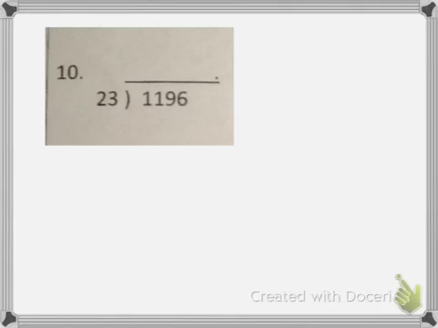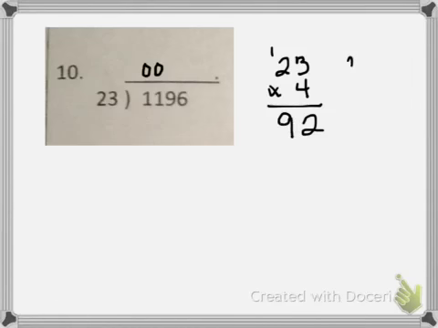And the last question, 23 into 1,196. 23 is pretty close to 25, and I know it can't go into 1, it can't go into 11, but it can go into 119 maybe 4 times. Let's try it on the side. 4 times 3 is 12, carry the 1. 4 times 2 is 8, plus 1 is 9. I'm going to try one more, 23 times 5. 5 times 3 is 15, carry the 1. 5 times 2 is 10, plus 1 is 11.